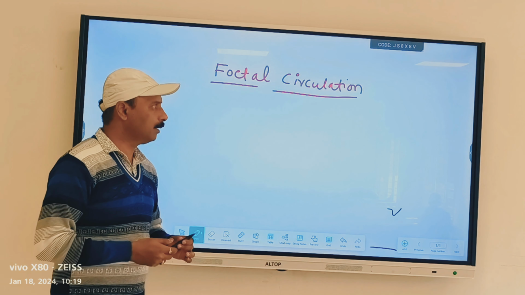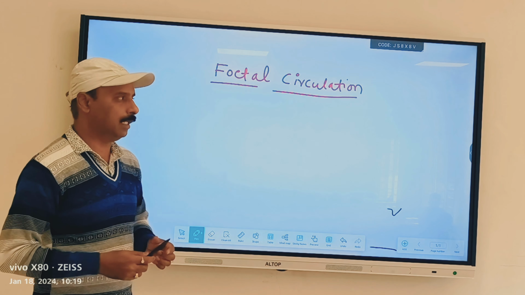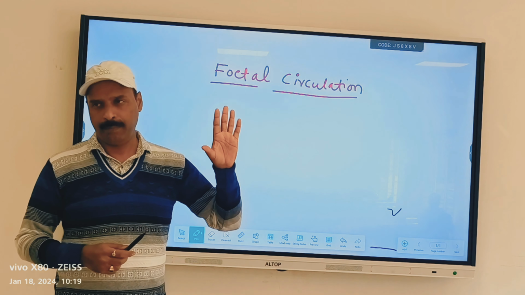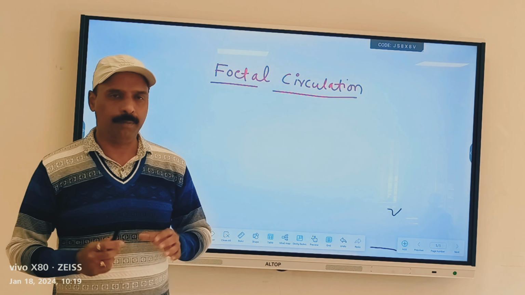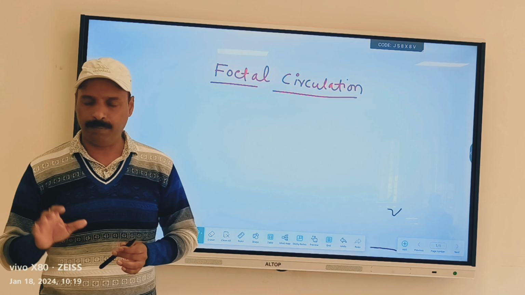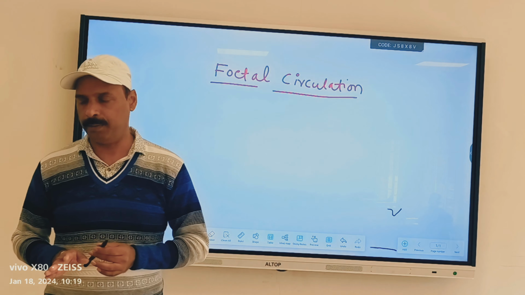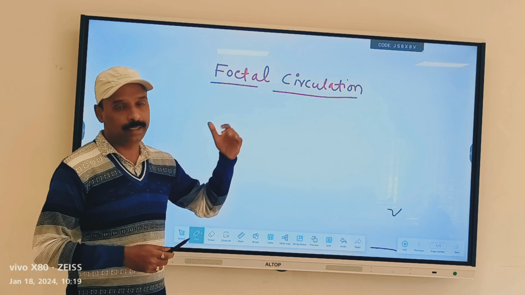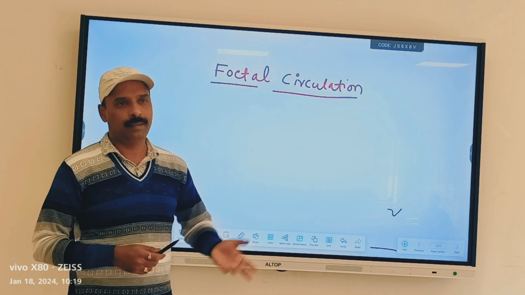We are going to revise the other four circulations also. But why this fetal circulation is important and why it is different, that you have to remember. The first point is why it is different from the systemic circulation.